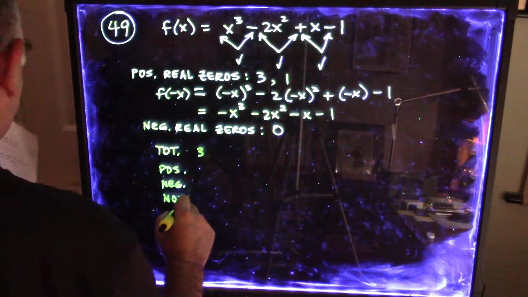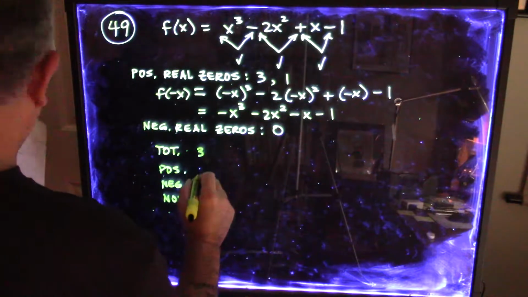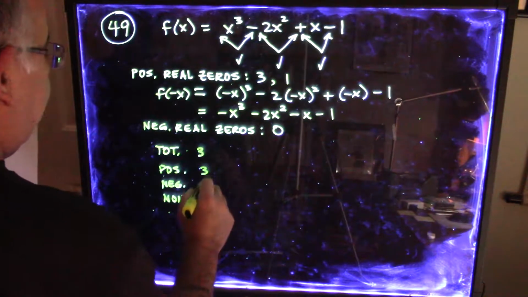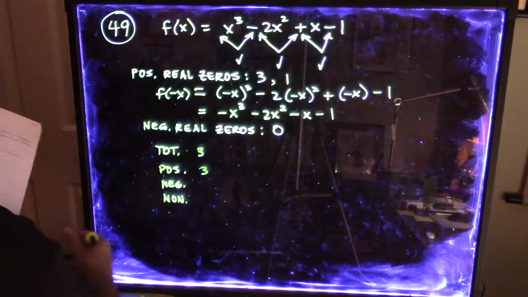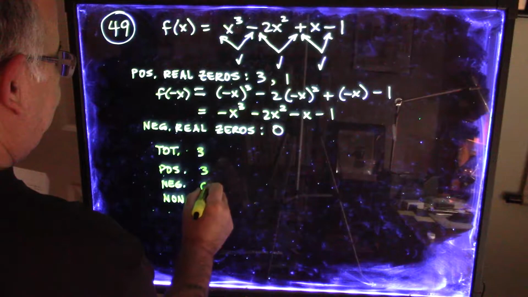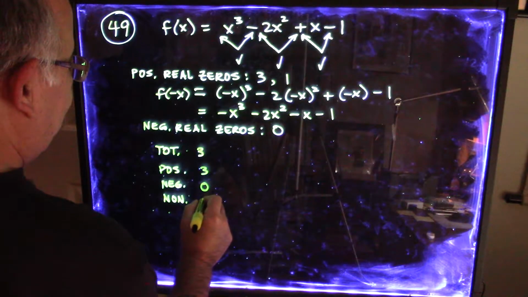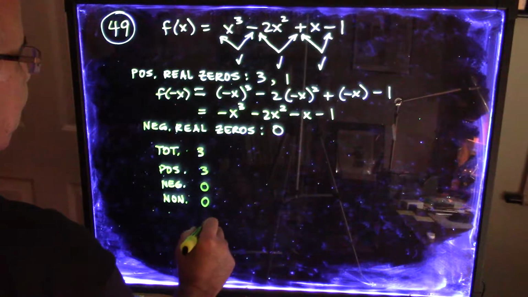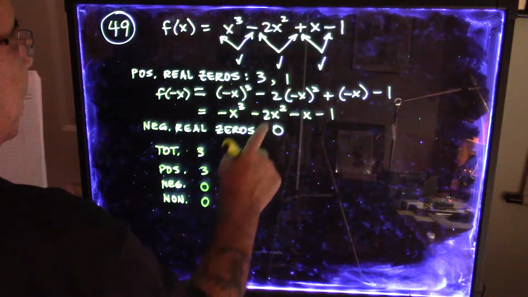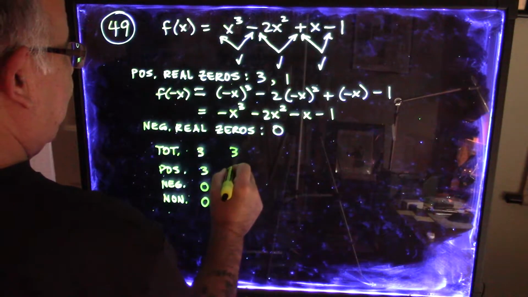Okay, so we could have 3 positive real roots. Alright, that takes care of the total number. Okay, so that means there would be no negative roots and no non-real roots. Again, total of 3. We could have 1 positive real root.